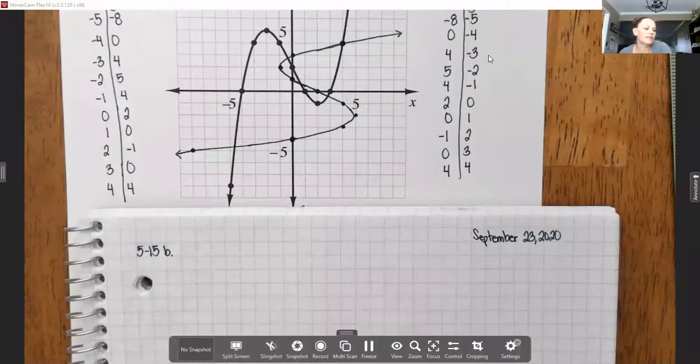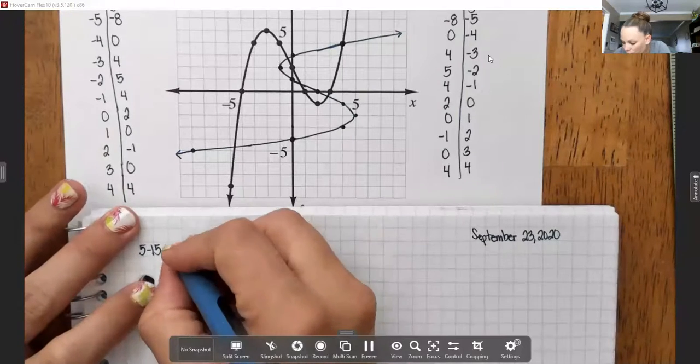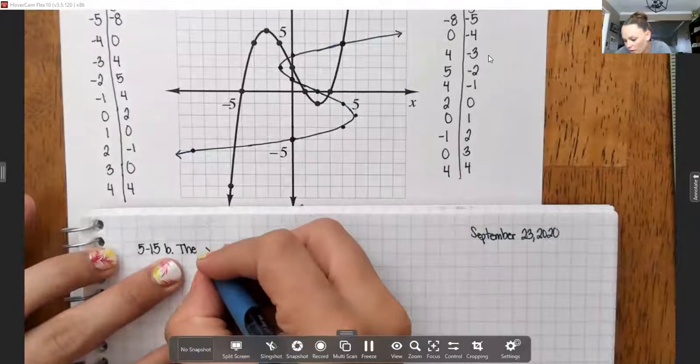For part B, it says describe the relationship between the coordinates of a function and the coordinates of its inverse. Use tables of the function and its inverse to show what you mean. So basically just kind of what we did, I'm going to write it in words.